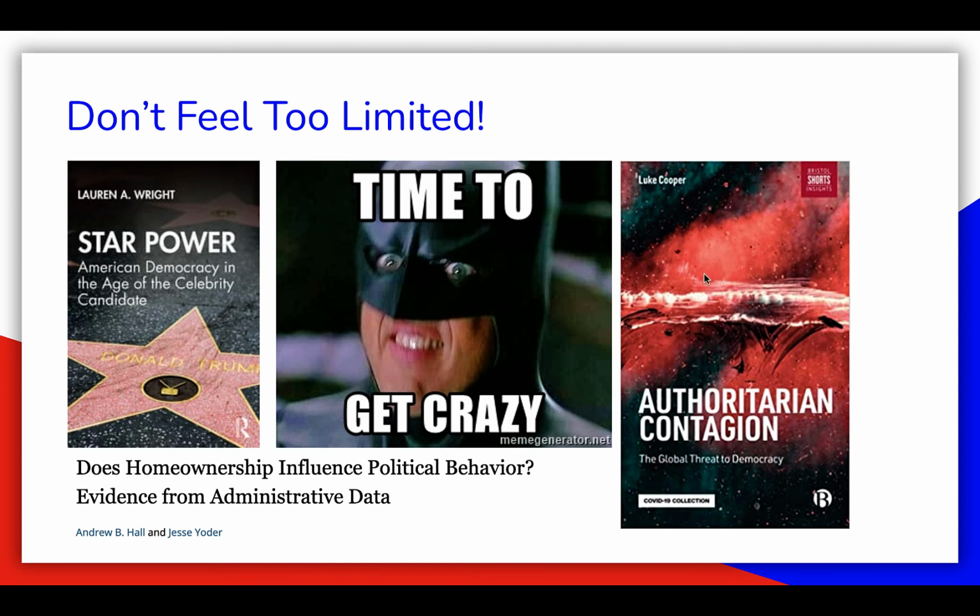Some other examples are authoritarian contagion. This is a really hot one right now in comparative politics, this idea of how contagious democratic backsliding is. Turns out it might be contagious, okay? Here is another question: does home ownership influence political behavior? Evidence from administrative data. This seems like a really obvious question, right?